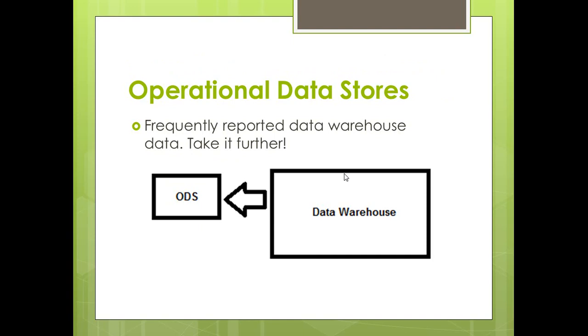You have operational data stores. Since the data warehouse is often quite big and slow to process the information within it and read through all the information within it, they make a smaller version of the data warehouse that only contains information for a certain time period.